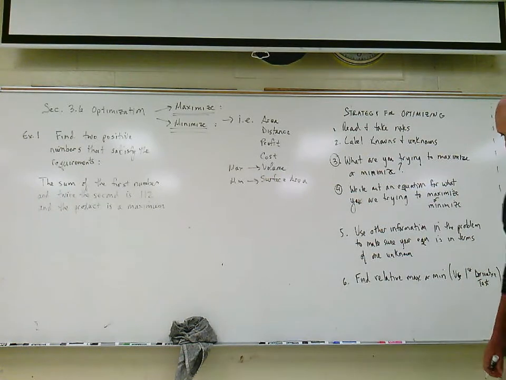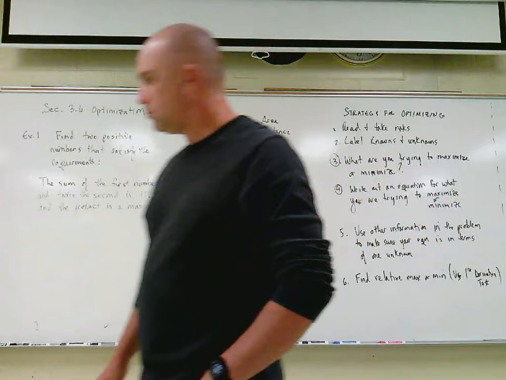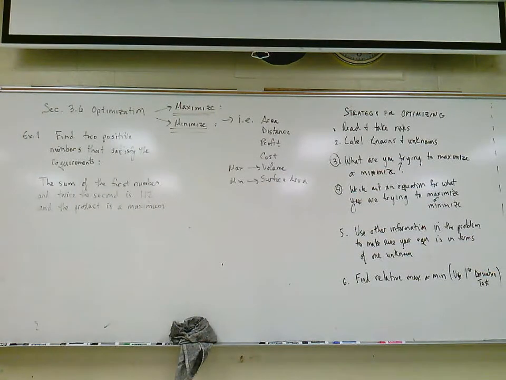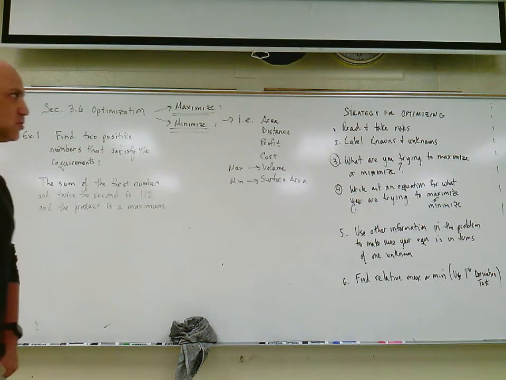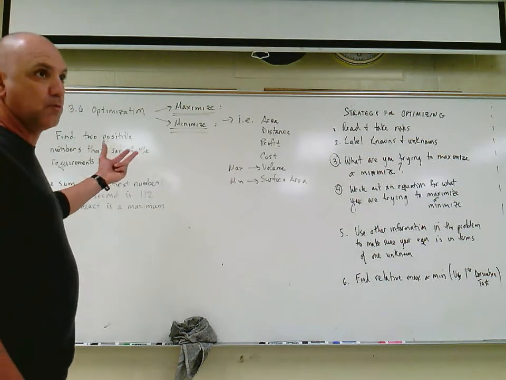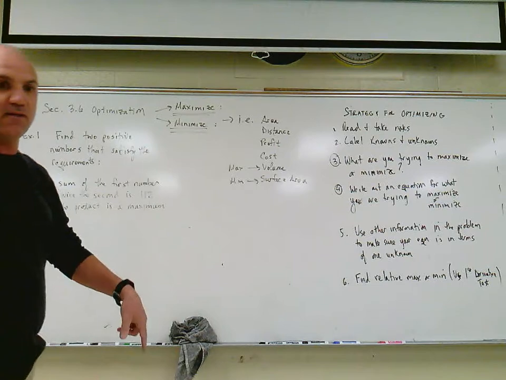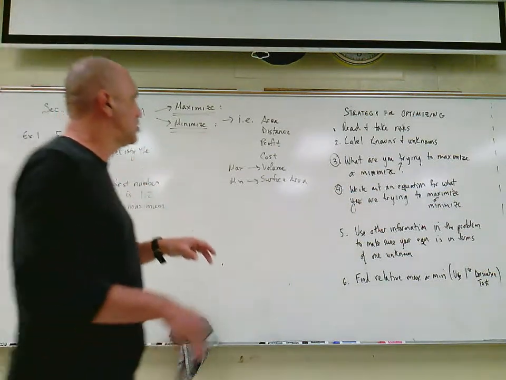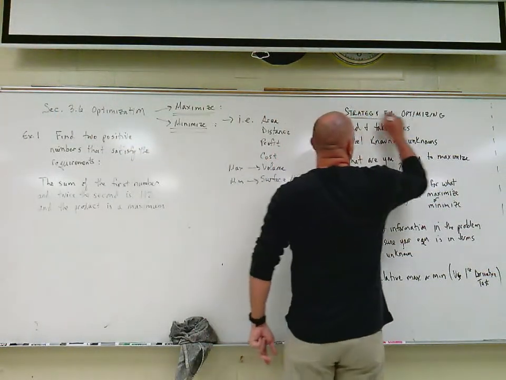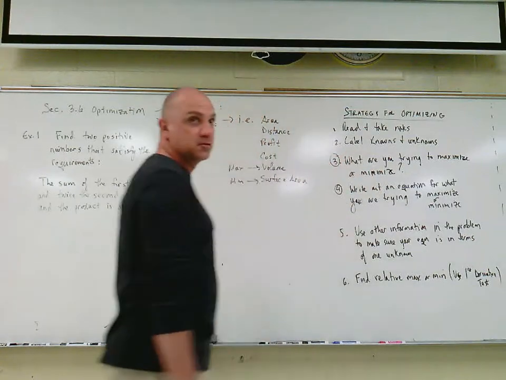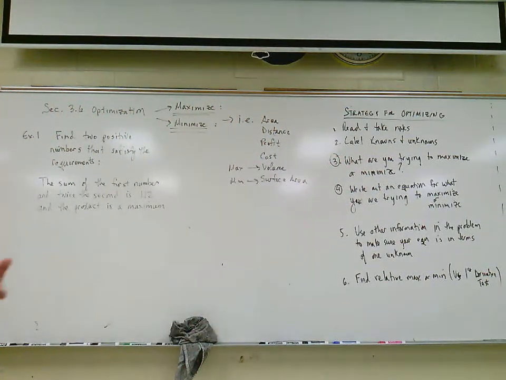Okay. So that's the strategy that I would use. As we work these three problems, we're going to leave that there and make sure that that strategy works, that we're going through the steps and that it makes sense. Maybe we need to add or take out a step. We can talk about that.